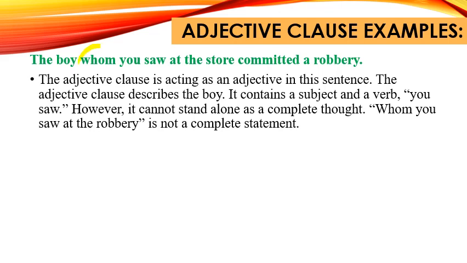Let me circle this adjective clause, whom you saw at the store. The adjective clause is describing the boy. Right, let's have a look. What does it have? It has a relative pronoun, whom. It has a subject, you. And it has the verb, saw.